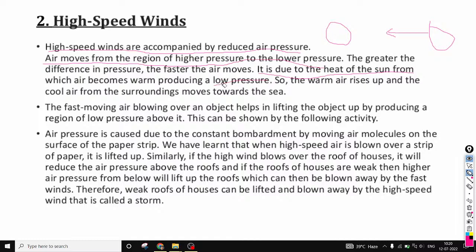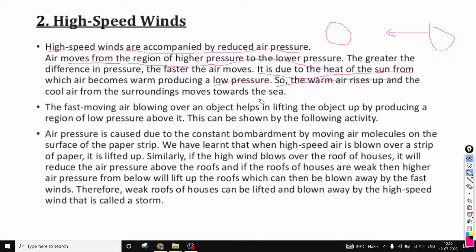So the warm air rises up and the cool air from the surroundings moves towards it. That is why high speed winds are running.